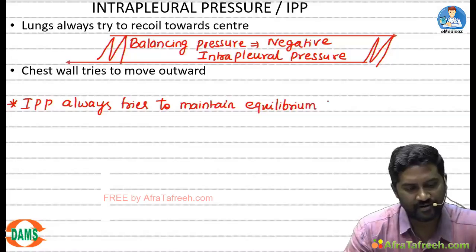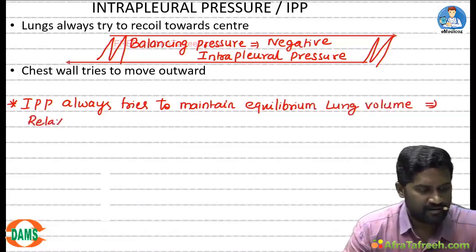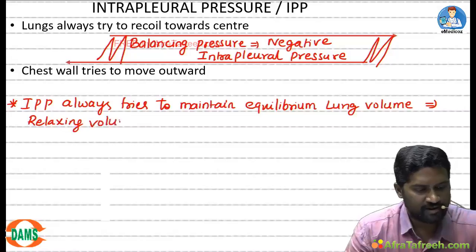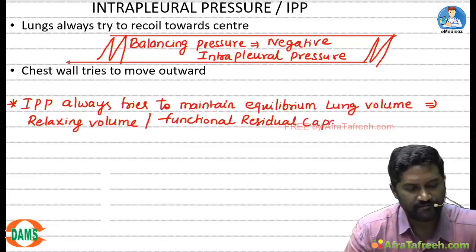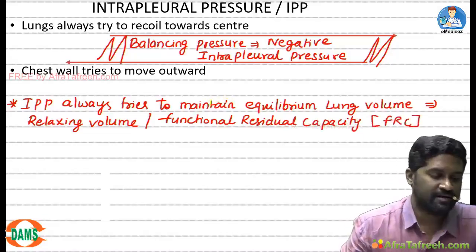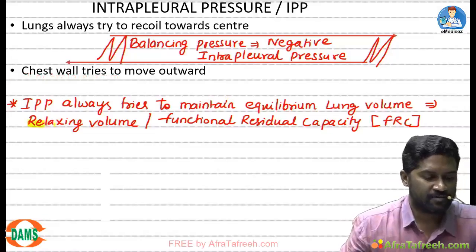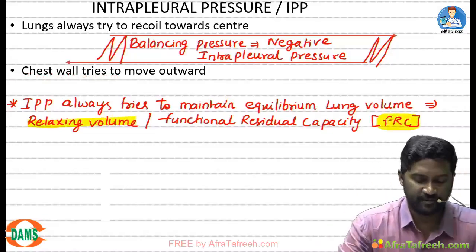This equilibrium lung volume is called relaxing volume, also called functional residual capacity, that is FRC. So this intrapleural pressure always tries to maintain equilibrium lung volume, also called relaxing volume or FRC. I will discuss this FRC in spirometry.